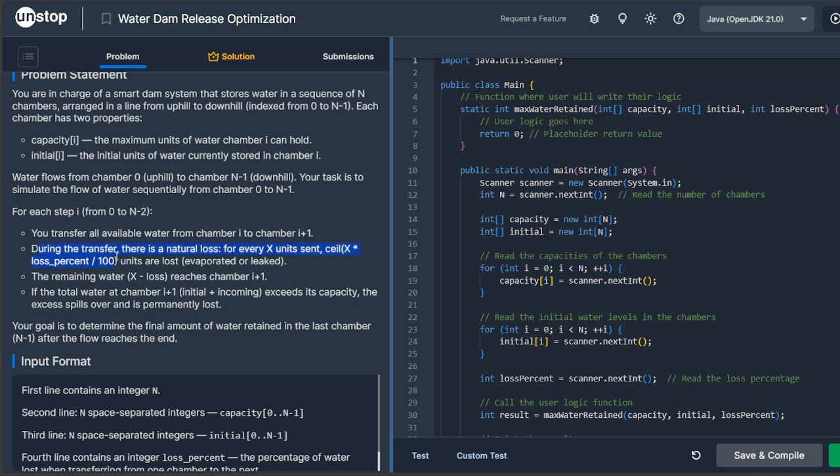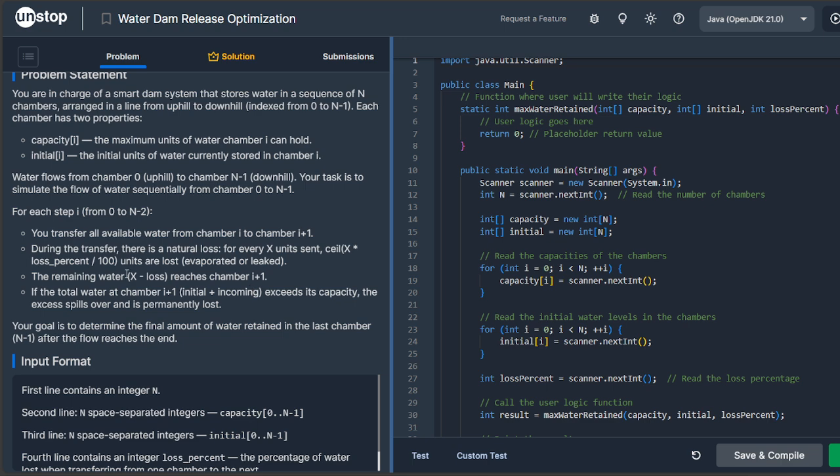During this transfer, there is some natural loss due to evaporation or leakage. We will be given a percentage of loss, and that percentage will be lost in this transfer. The remaining water after the loss will flow into the next chamber.